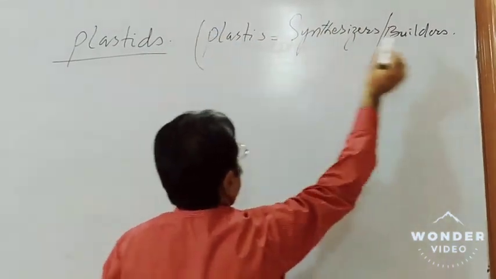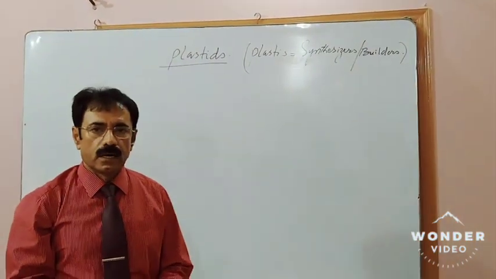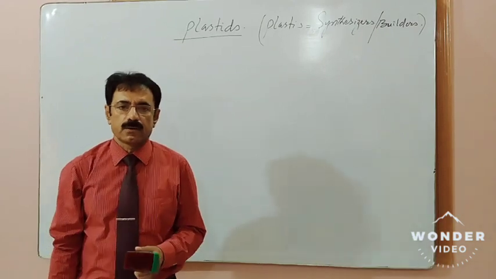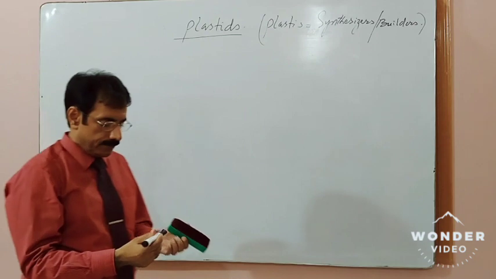And we know the plastids are cytoplasmic and membrane-bounded organelles which are only seen in the plant cells.